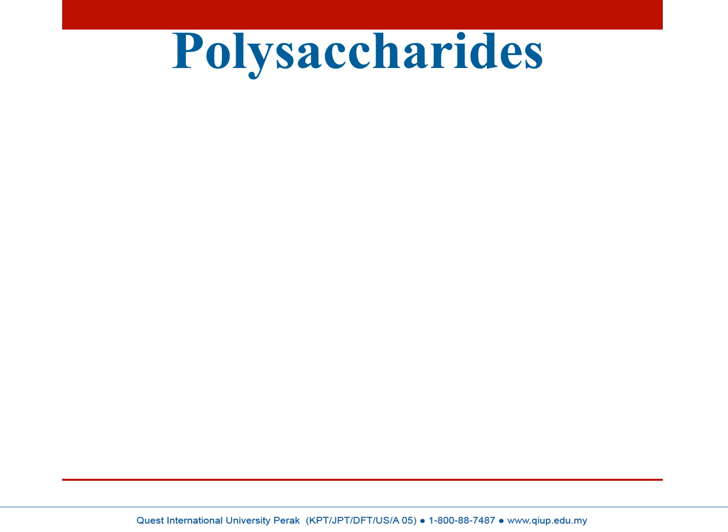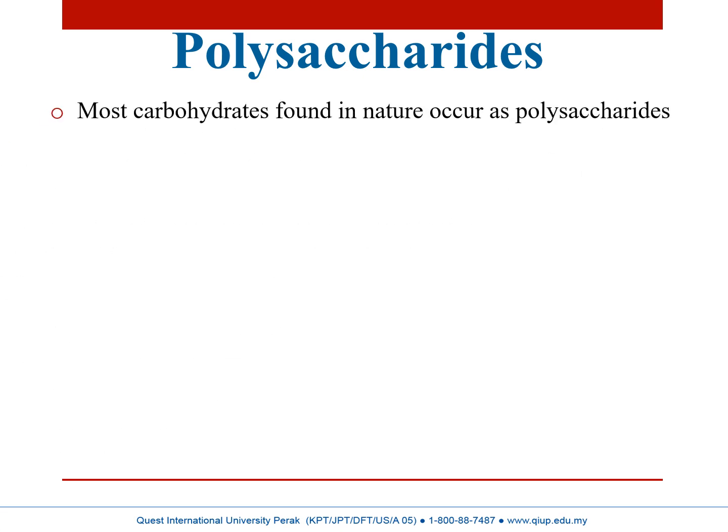Move on to polysaccharide, the last classification, and then we look into modified sugar. Polysaccharide is the most abundant because one of its members, cellulose, is found in all the woody plants.